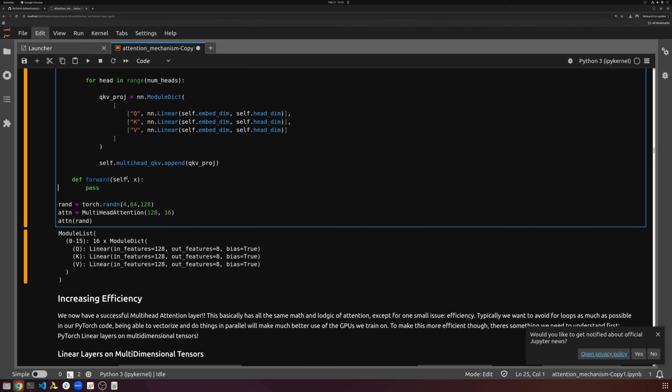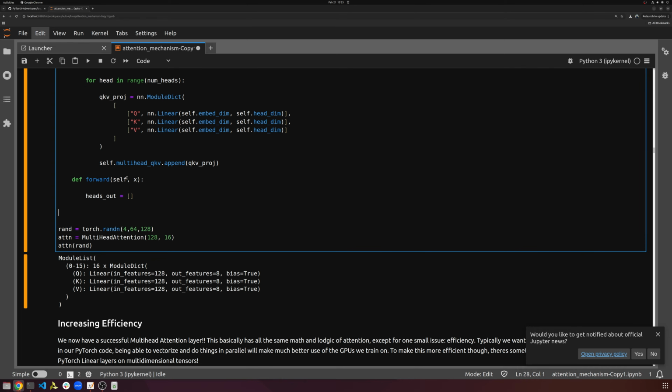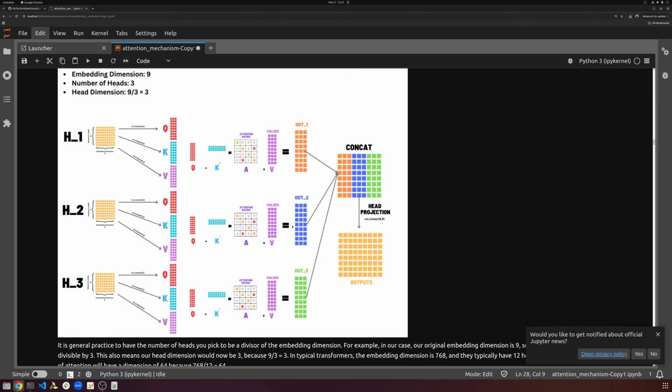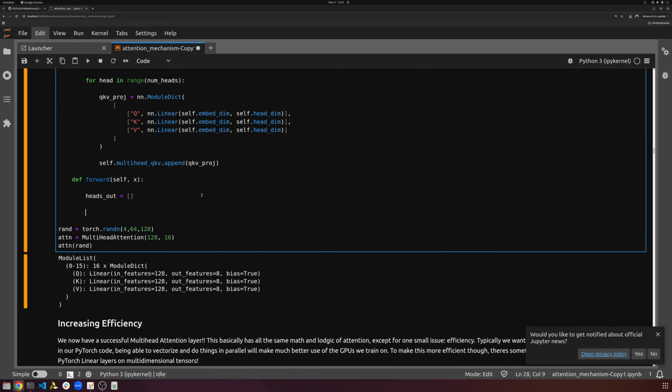And now we can go ahead and do our forward pass. So we're going to create a list, right? Heads out. It's going to be just an empty list, and we're going to store in here the output of every head. Because remember, we need out 1, out 2, out 3, store them up, and then we'll concatenate them at the end. Now that we have that, we can do for head in self.multiheadQKV.